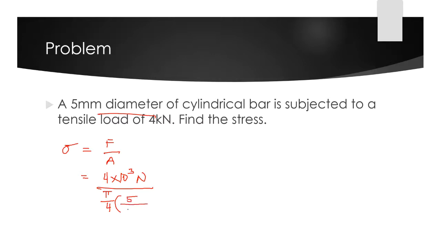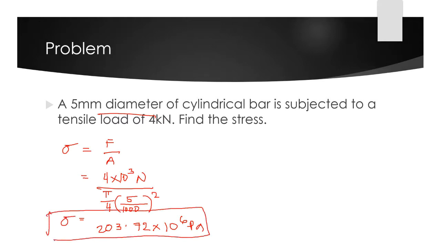Let's just use meter, so we can have that in Pascal. So basically, stress is equivalent to 203.72 times 10 raised to 6, or this is in megapascal. This is now our stress.